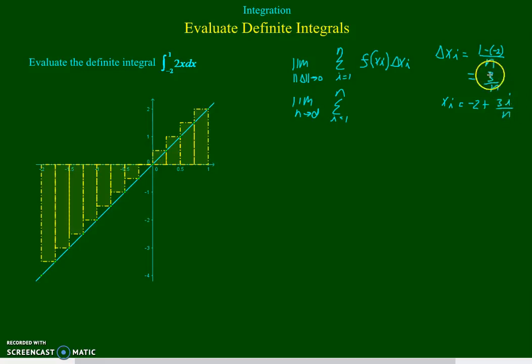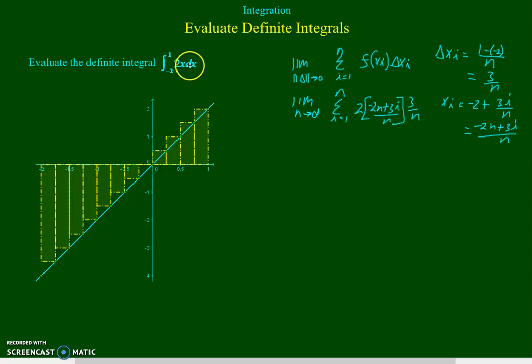That is i times delta x sub i, which we could work out. This is negative 2n plus 3i over n. So that gives us this sum, 2 times (negative 2n plus 3i) over n, times 3 over n.